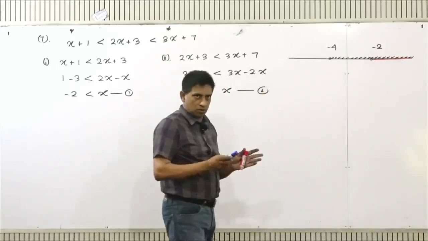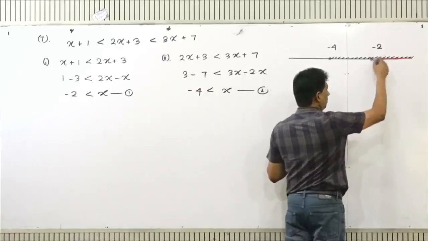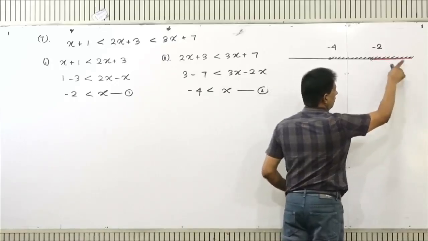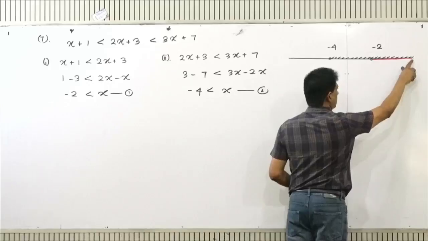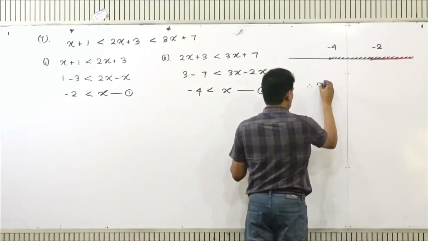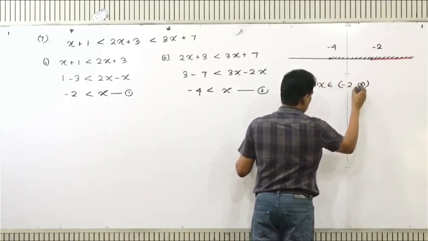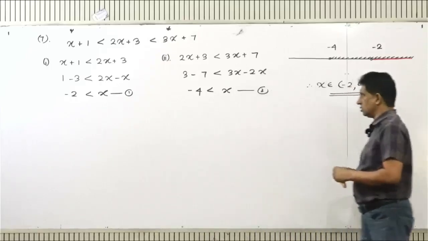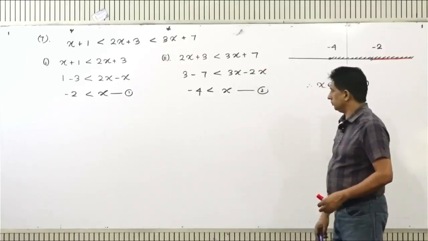Then the common solution means both the red color and black color area. That means minus 2 to positive infinity. So we can write the solution as minus 2 comma positive infinity. This is the solution for the given double inequality.